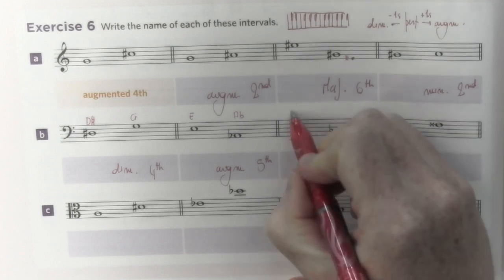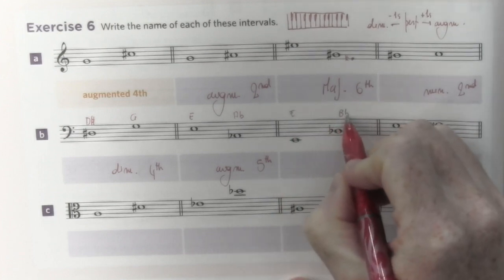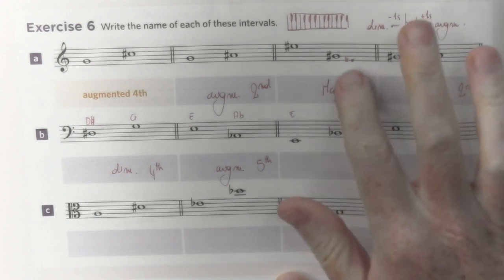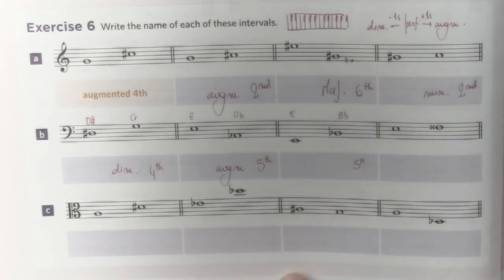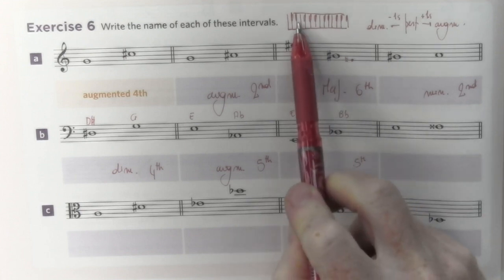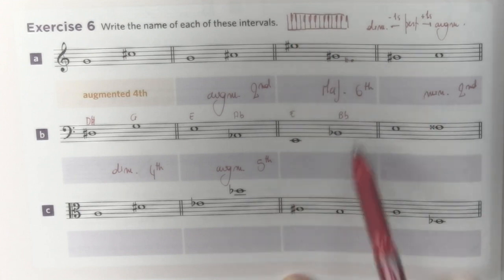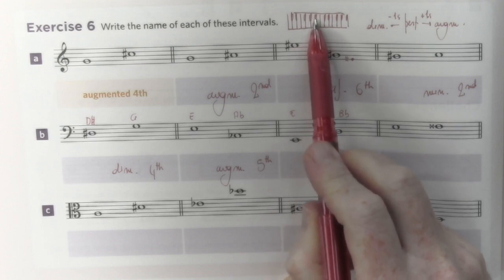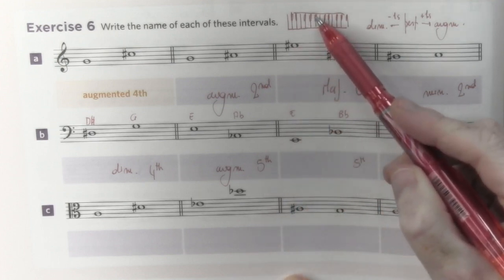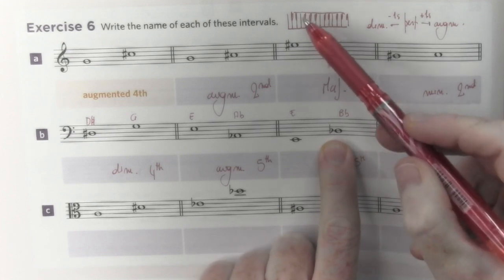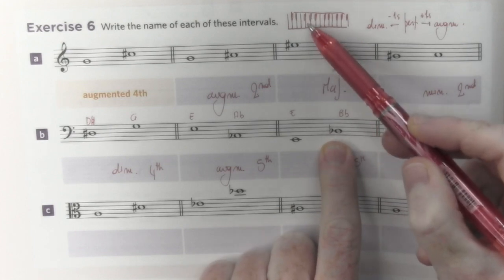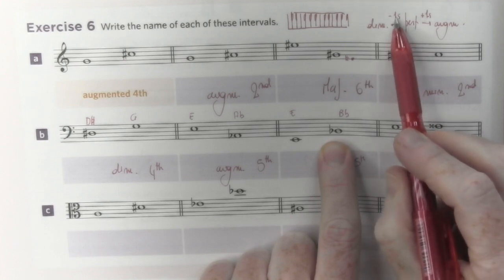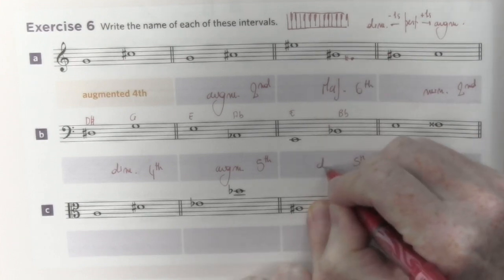Mi, Si flat, this is another fifth. Mi, Fa, Sol, La, Si. Let's count. 3.5. 1, 2, 3. But we're missing the half because Si is flat. So 1, 2, and 3. So the perfect interval minus 1 semitone is diminished.